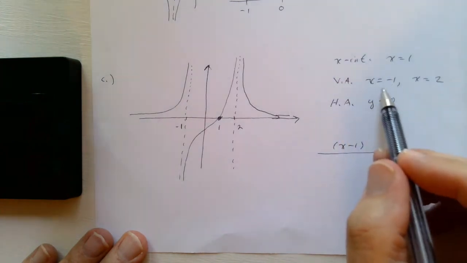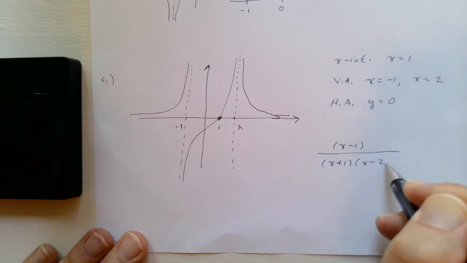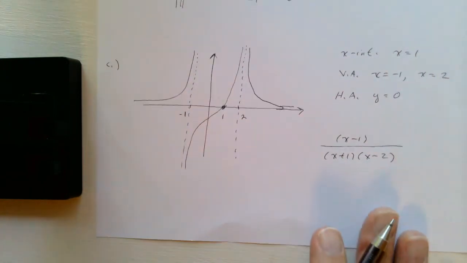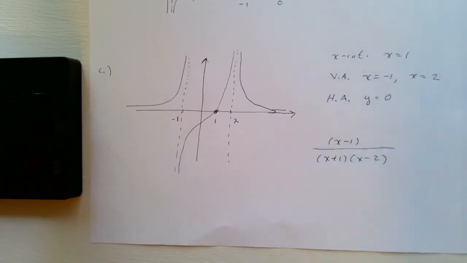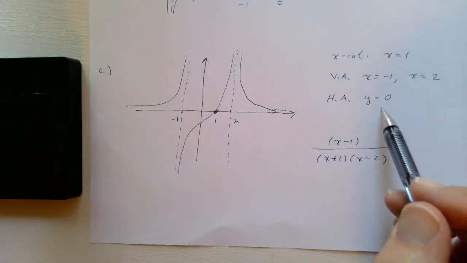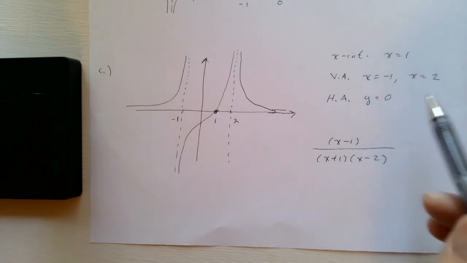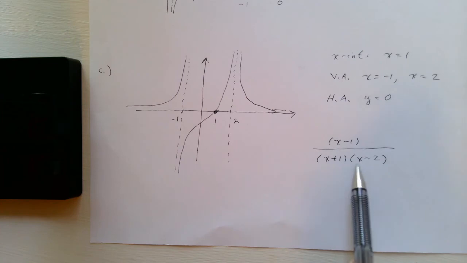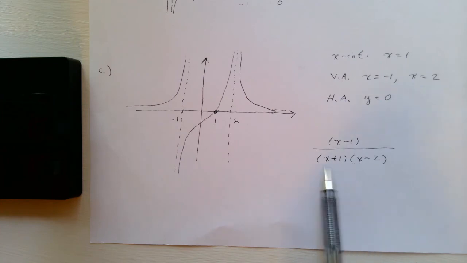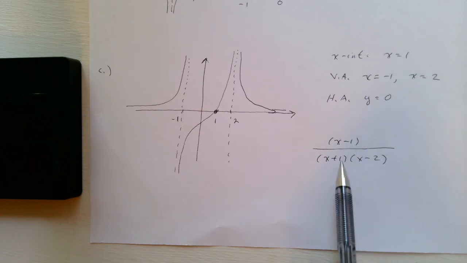This tells us we want x plus 1 and x minus 2 to be factors on the bottom. This last part says that we want the degree of the bottom to be bigger than the degree of the top, and sure enough, if we were to multiply this out, we'd have x squared down here as the first term. So the degree of this is 1, the degree of this is 2, so that's good.